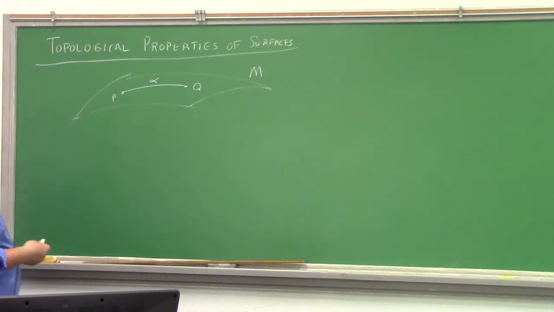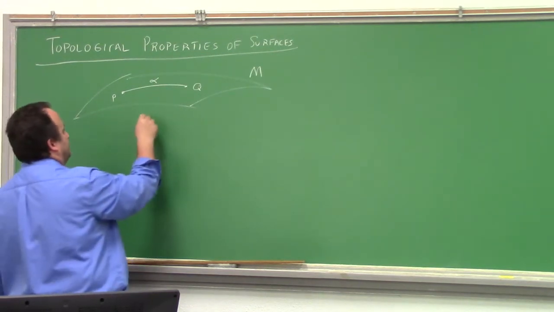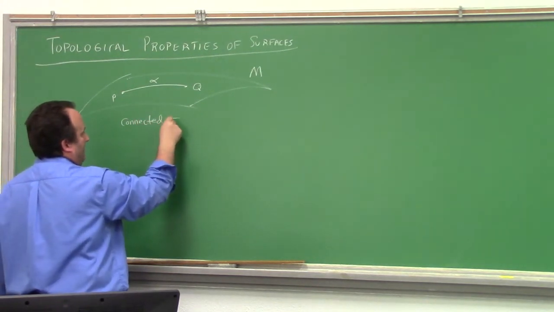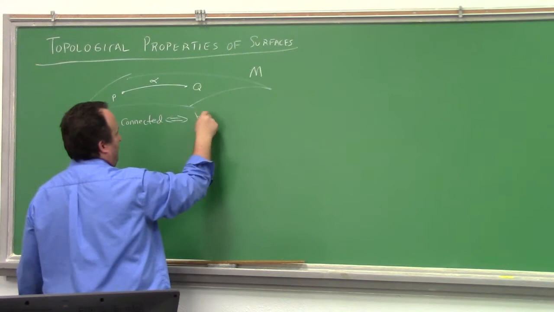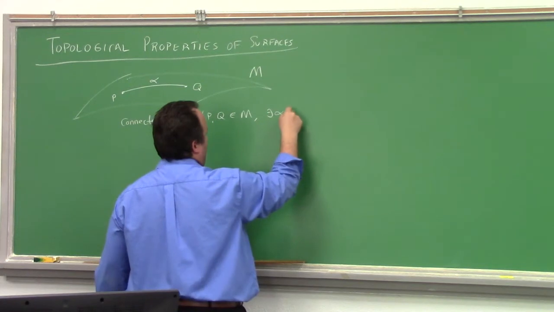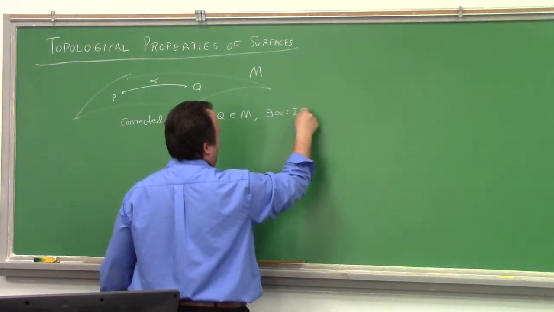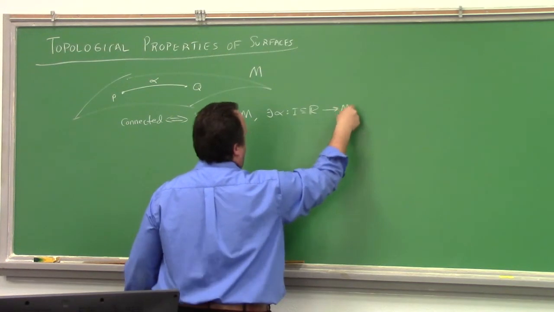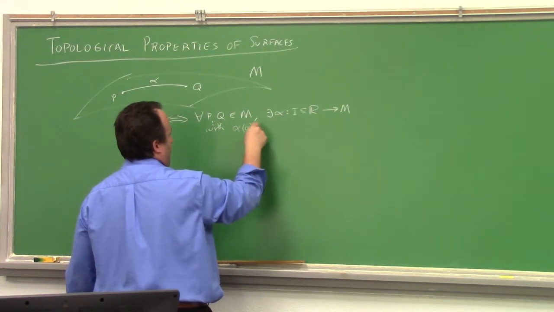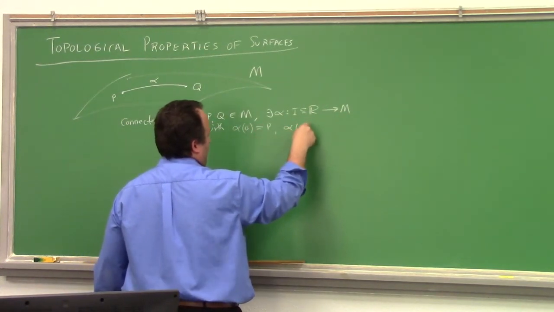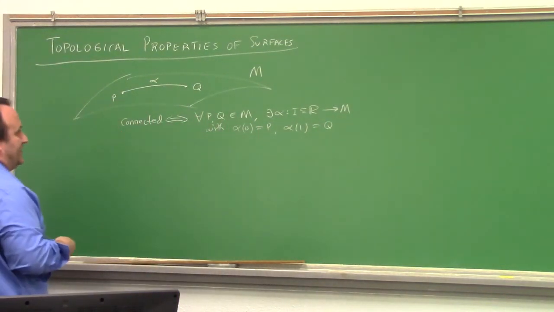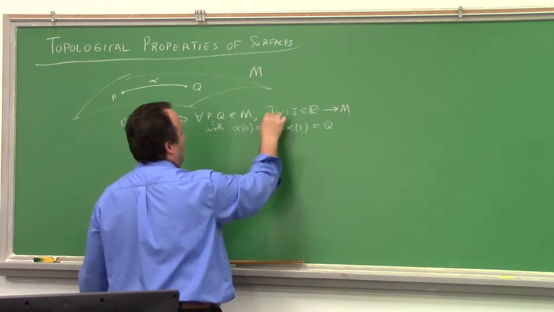That's how he defines connected. Alpha is a curve on M.